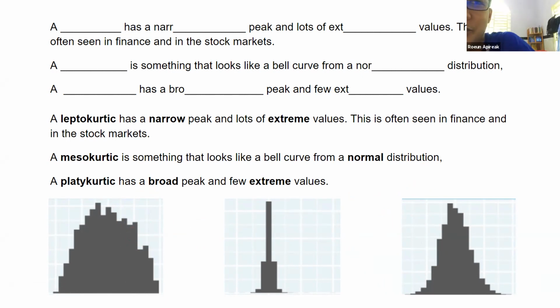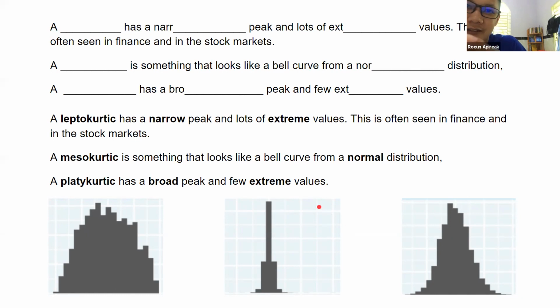According to the DataCamp lessons I see, the middle is the leptokurtic. It looks like a narrow peak. It has a strong peak.